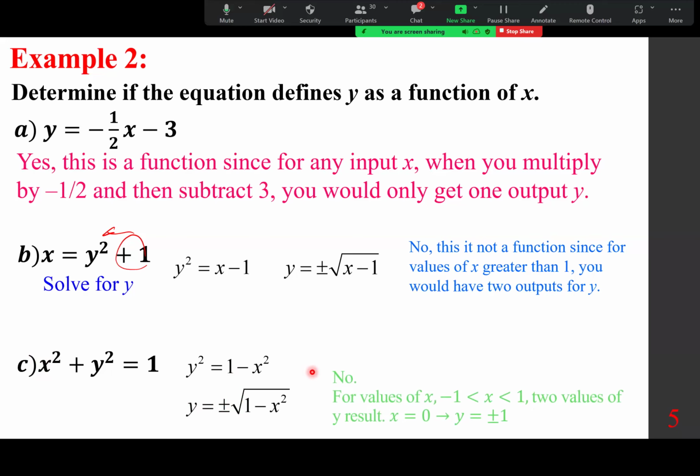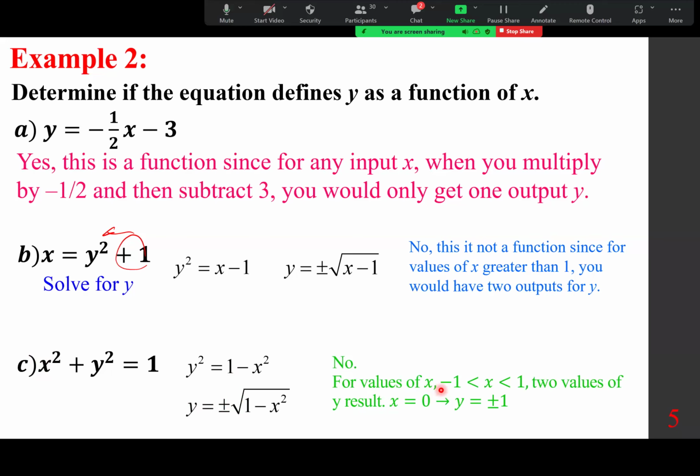So the answer is no. For values of x between -1 and 1, two values of y result. And of course, as an example, if x is 0, an easy example, y is plus or minus 1, and that's all you need. Even if you show one example where it fails, then it's not a function.